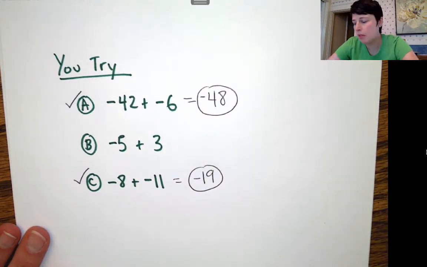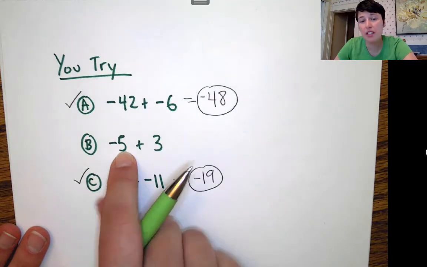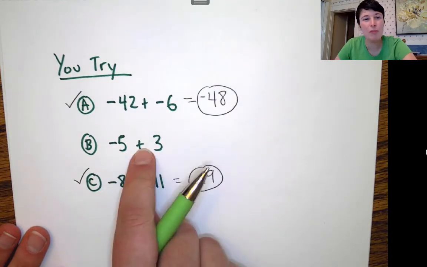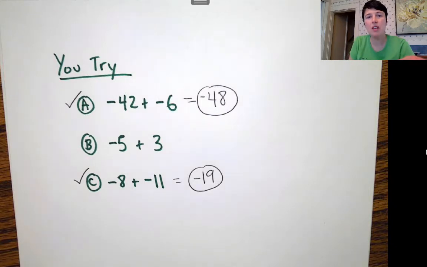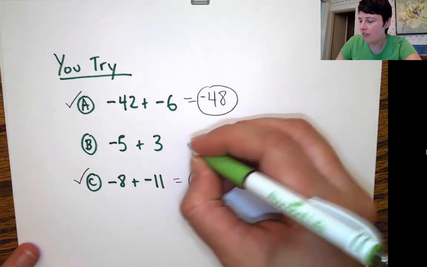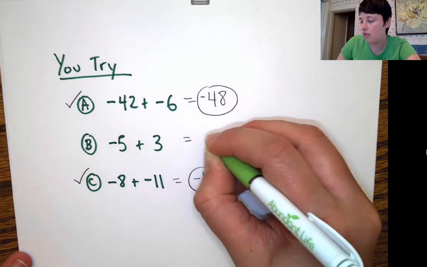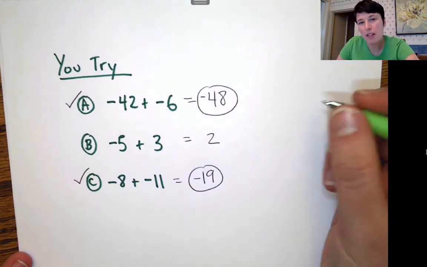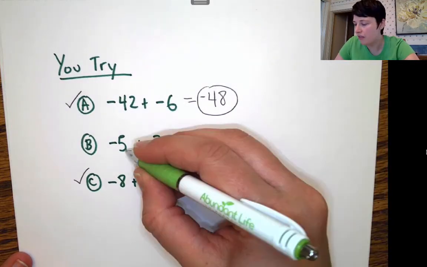The one problem in the middle, problem B, is from a previous video. These are different signs. They don't match up. One of them's a -5, one of them's a +3. So I'm remembering those rules in my head that say, different signs, I need to subtract. 5 take away 3 is 2. It might be helpful to have a visual on this one. Think of the 5 negatives.